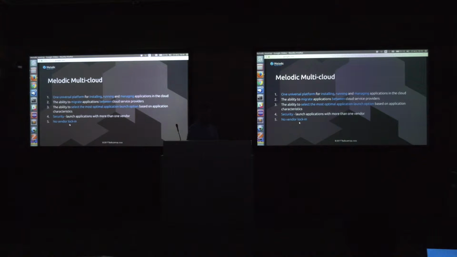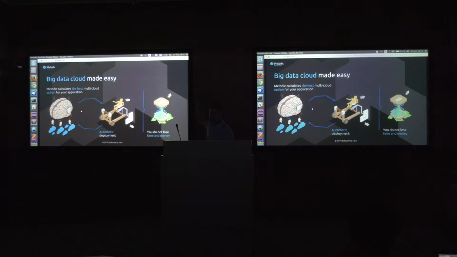So yeah, the reason behind this is you will receive no vendor lock, so you are not strictly assigned to a single cloud provider. Yeah, this is just a marketing slide, but the point is that Melodic calculates the best deployment and deploys it for you.